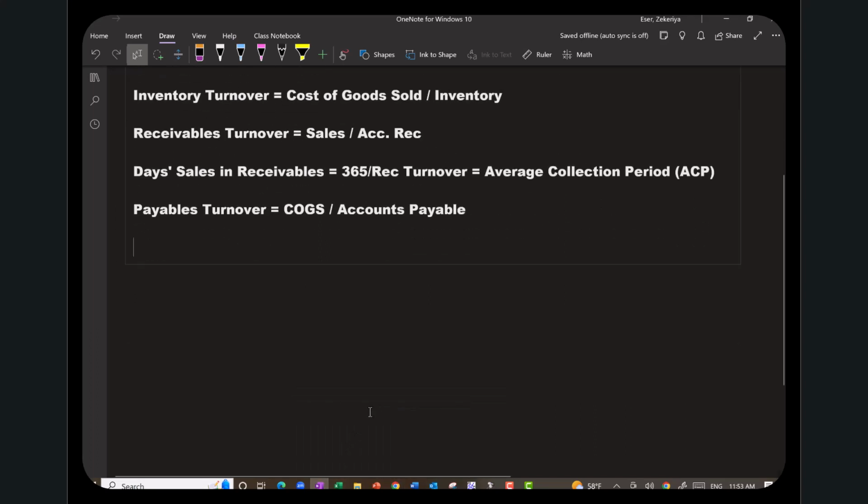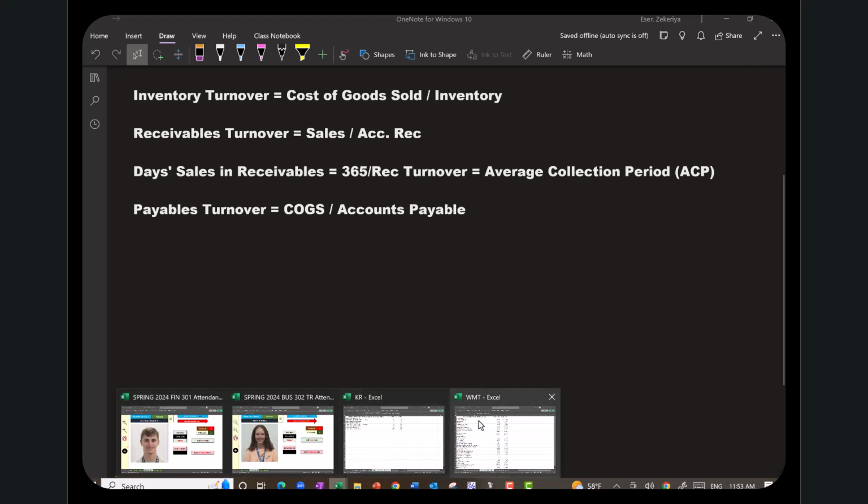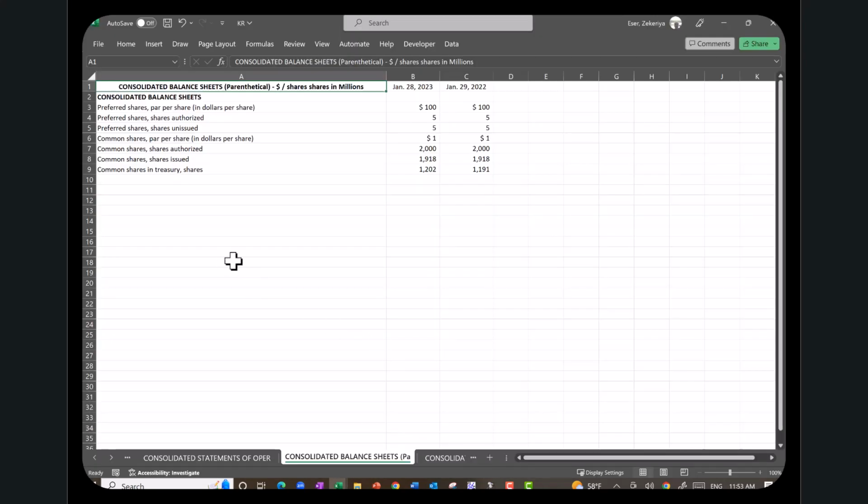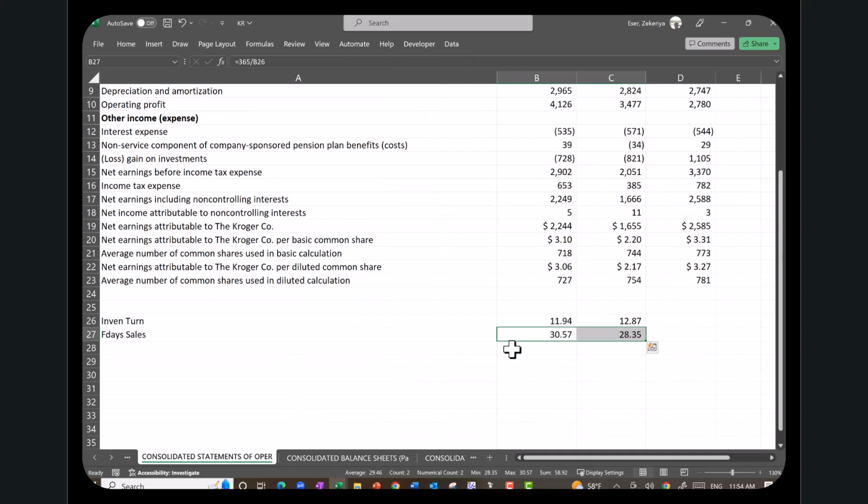I have only 15 minutes, and there are 2 more things I want to cover. Well, let's do it for Kroger. Kroger is feeling sad that it's being left out.